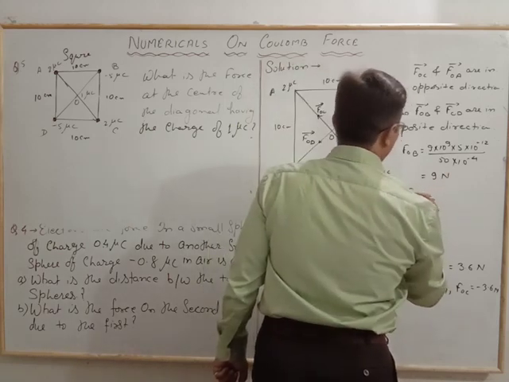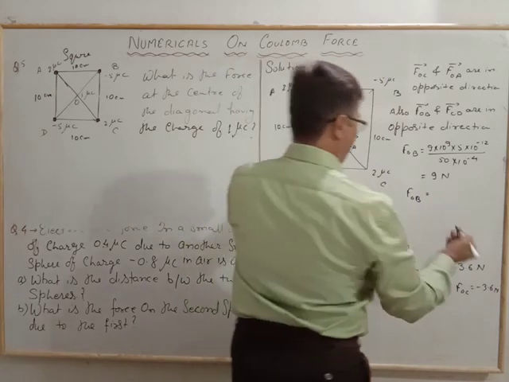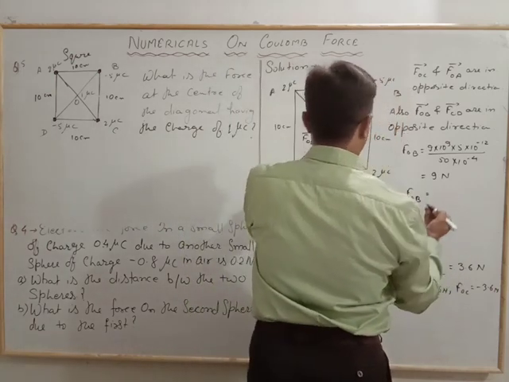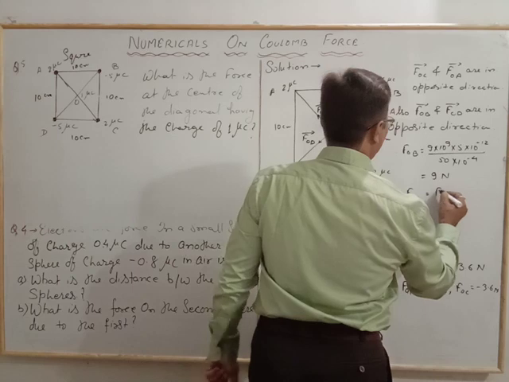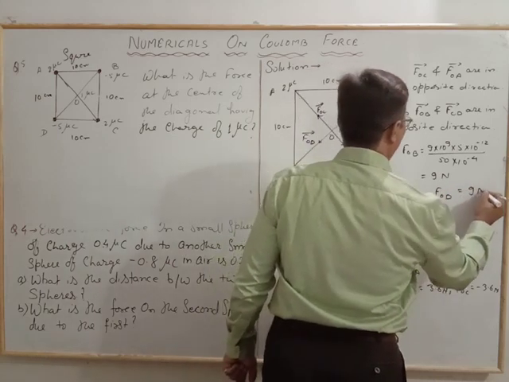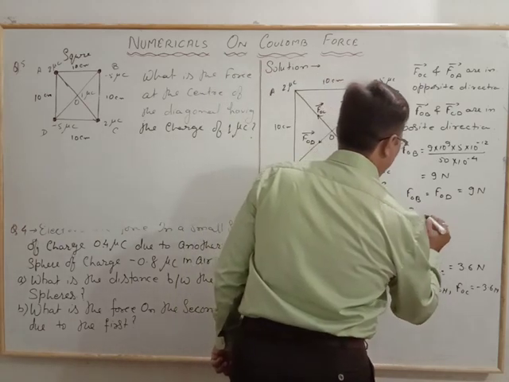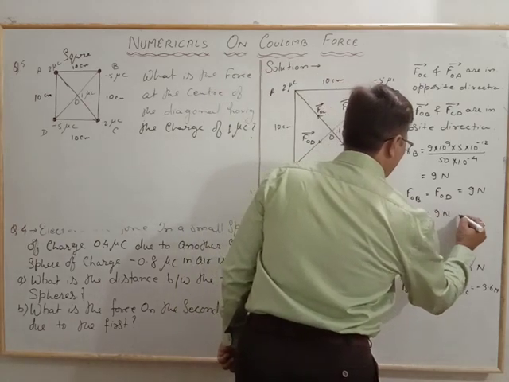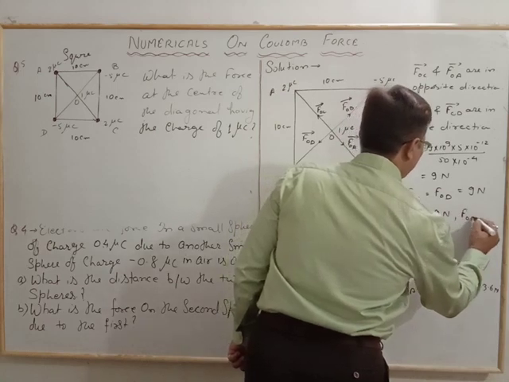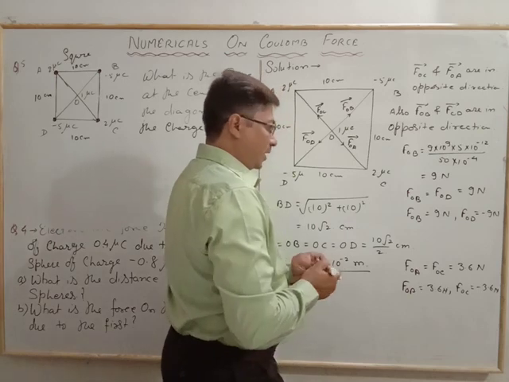The same way, by magnitude FOD, both have the same value of 9 Newton. Or we may write FOB is equal to 9 Newton and FOD is equal to minus 9 Newton. The direction is opposite.